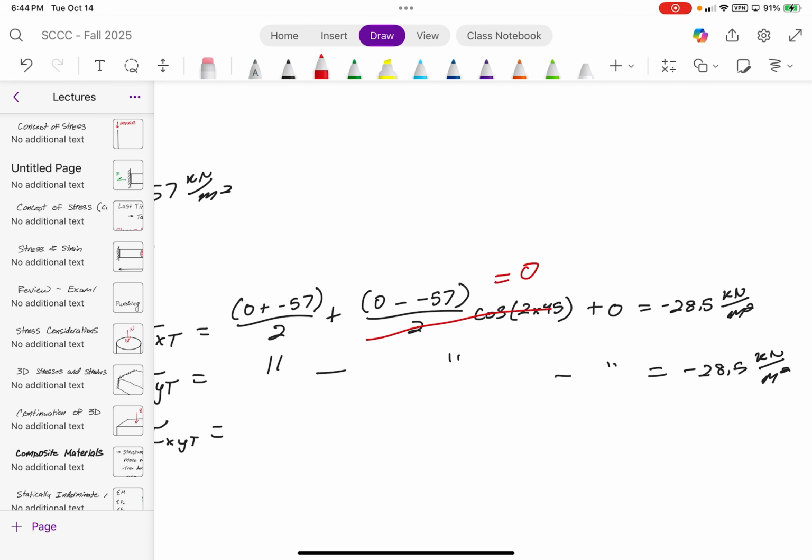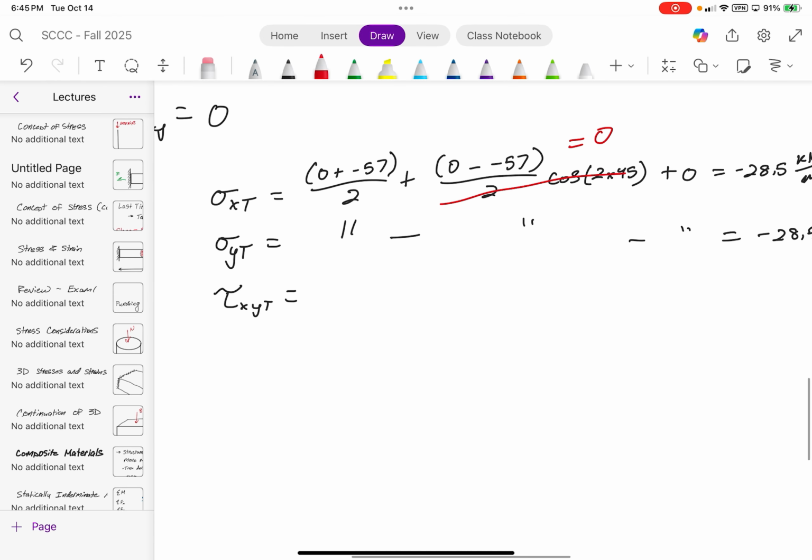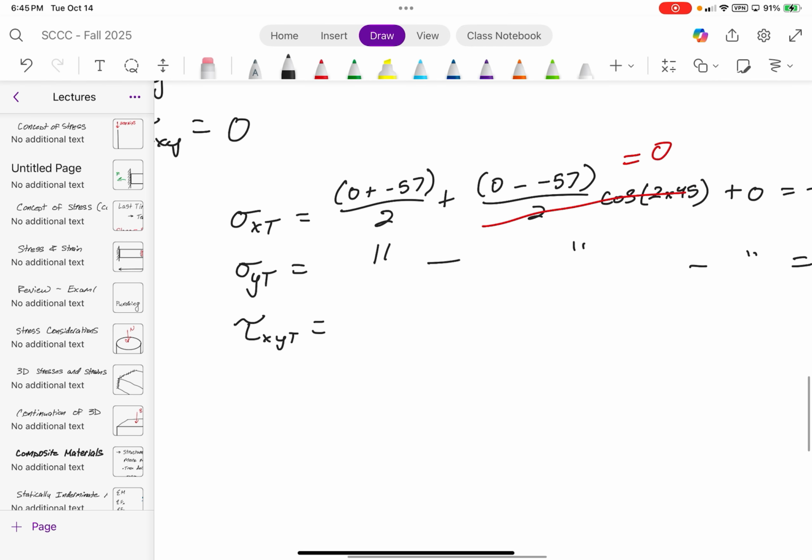This is just going to equal 0 because cosine of 90 degrees is 0. And then for tau xy prime, you get negative 0 minus 57, negative 57, sorry. Let me rewrite this.